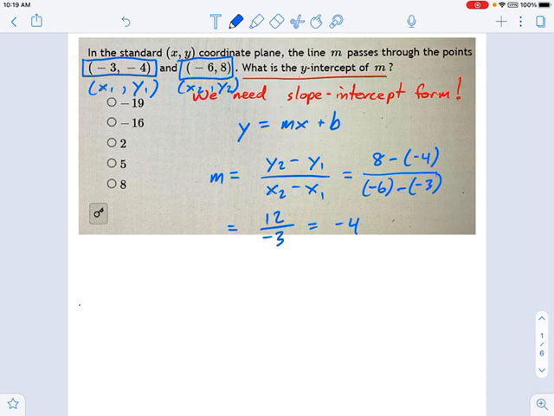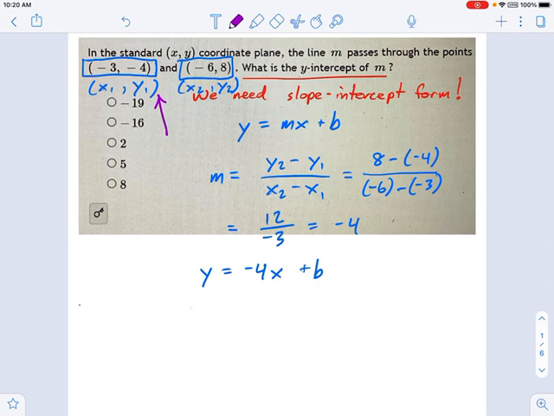Now, if you plug that back into slope-intercept form, you have the following. Y equals negative 4, that's m, times x plus b. And we need to figure out what b is. Well, once again, go back to those points, and it doesn't matter if you pick x1 or x2 or y1 or y2, just make sure you pick the same point.